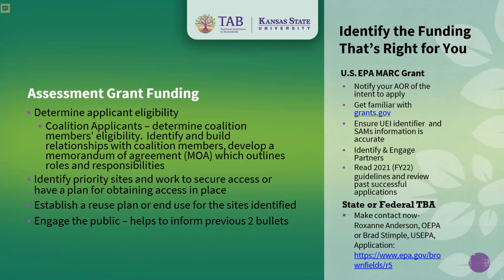And as we mentioned before, identify priority sites, have a reuse plan for some of those sites, and start engaging the public. Having a meeting right now would not be a bad idea if you really know that you're going to go for a grant. The sooner the better. Next slide.